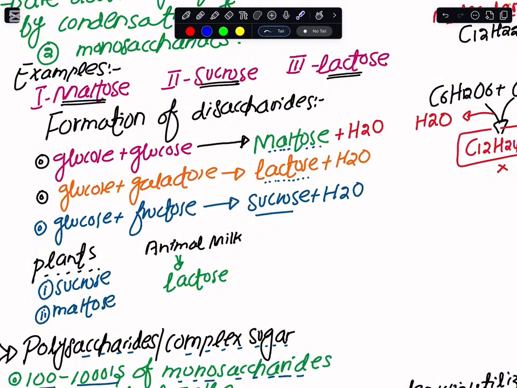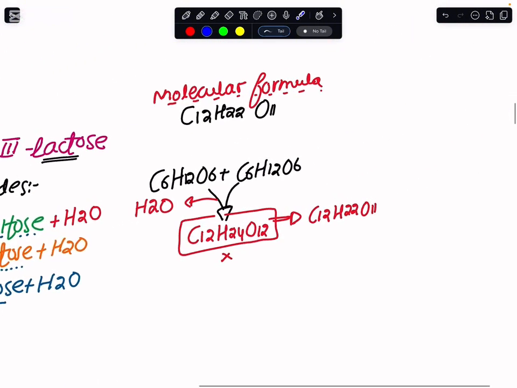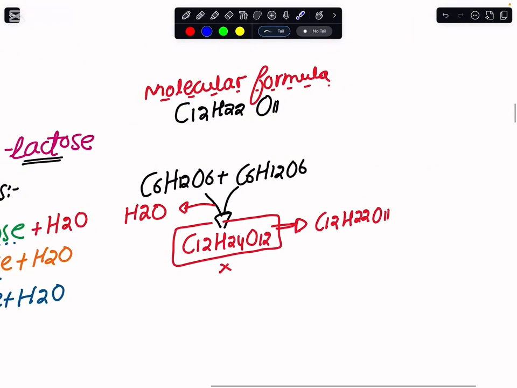If I talk about the molecular formula, all of these disaccharides have the formula C12H22O11. If I combine two monosaccharides, we expect 6 carbons combined with 6 to make 12, and 12 hydrogens combined with 12 hydrogens to make 24. The 6 oxygens combined with another 6 oxygens should make 12.